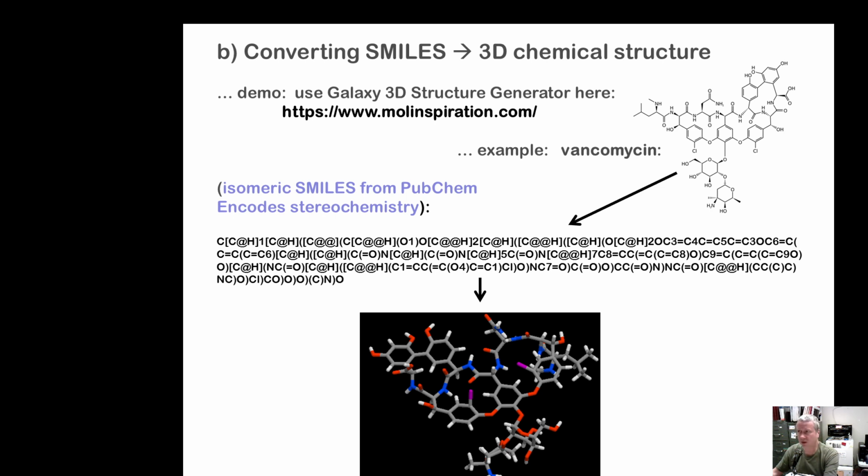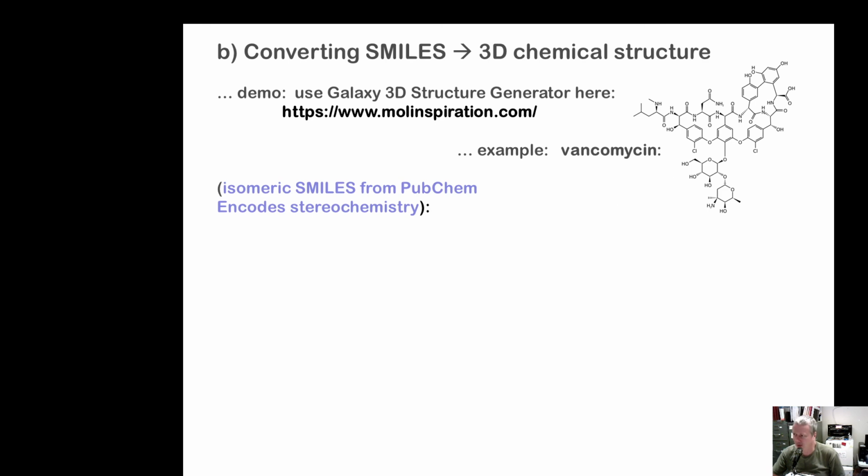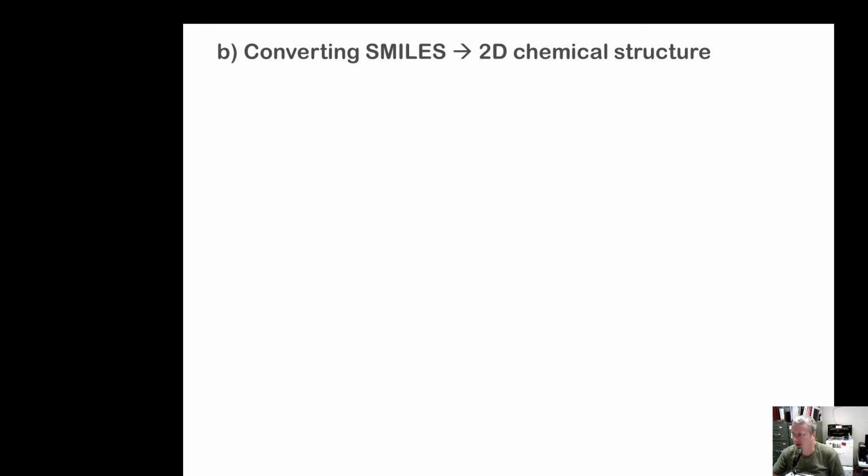Okay. So what I'm going to do is I want to go try that crazy cyclic peptide we saw earlier. I thought the structure was a little ridiculous, and we'll see how this Galaxy 3D tool represents its structure, which I think will be a little more realistic. Let's go back a little bit.